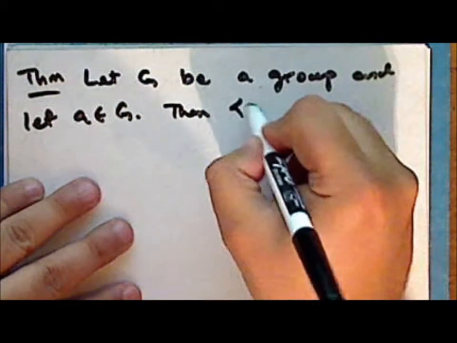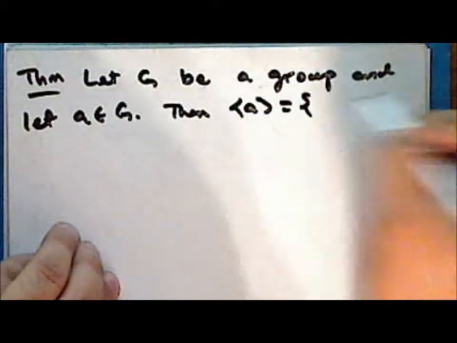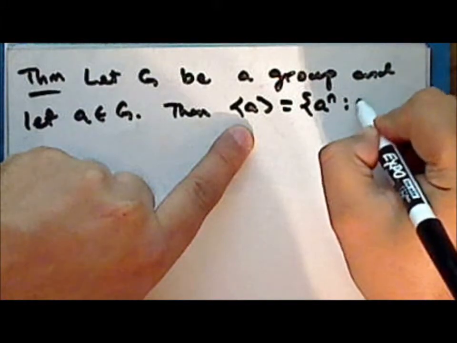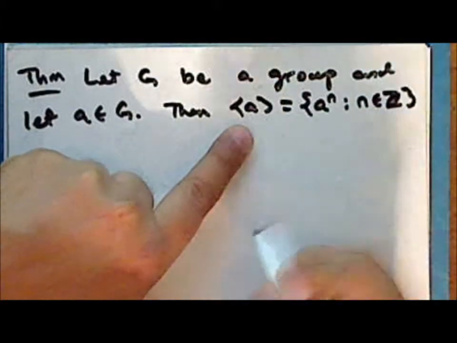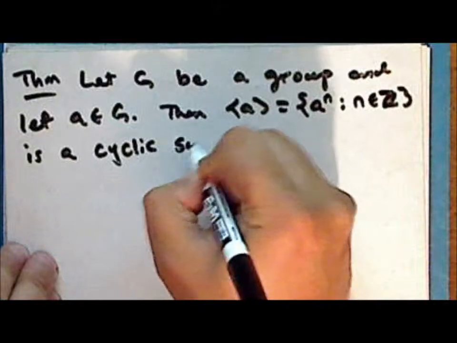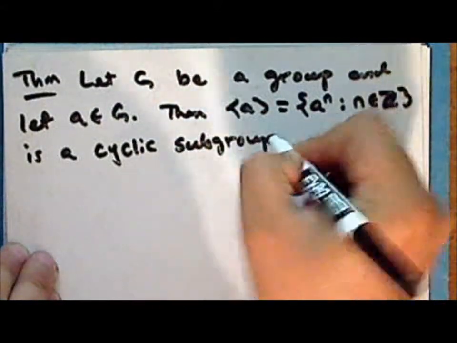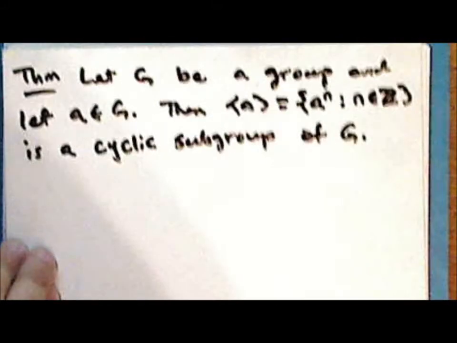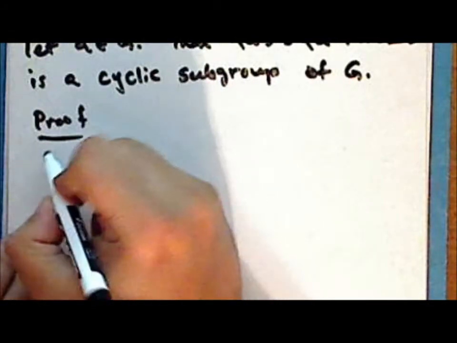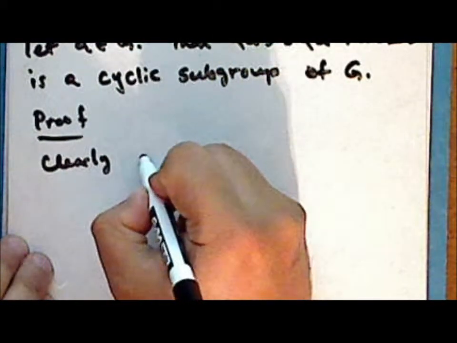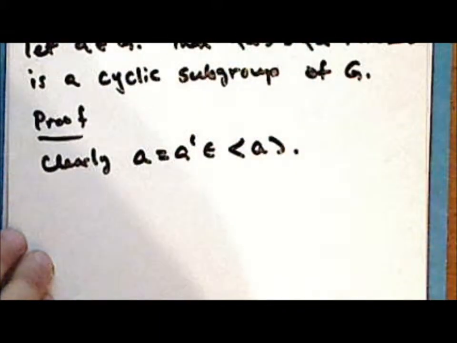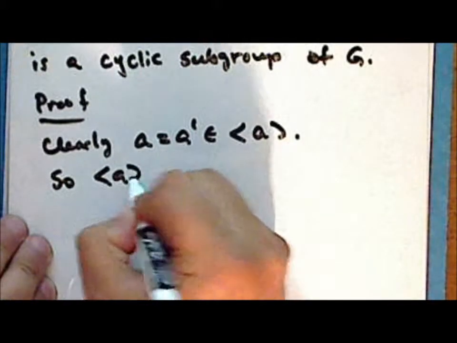Then the group generated by A, or for now I'll call it the set generated by A, which is A to the power of n, where n is an integer, is a cyclic subgroup of the group G. So proof. Clearly, A, which is equal to A to the power of 1, is an element in this set. And so the set is not empty.